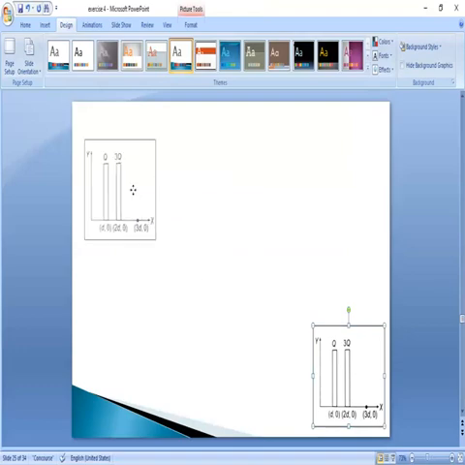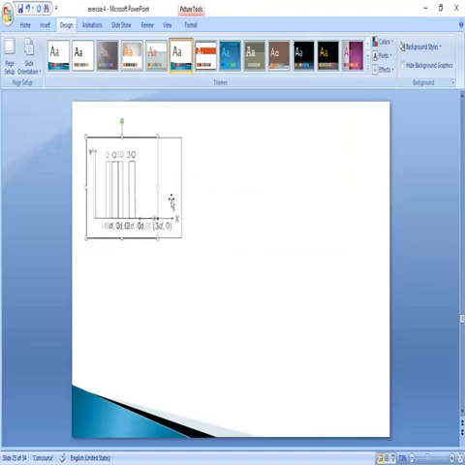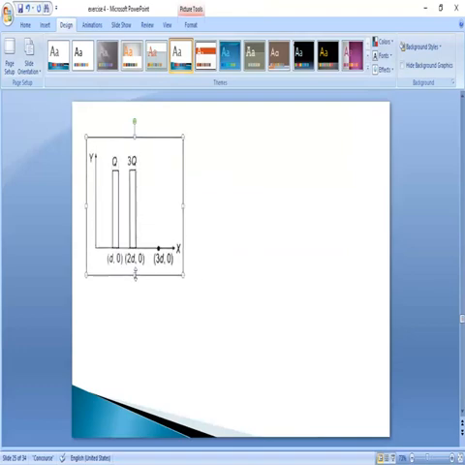Now you see here. So if I just draw a graph between distance X and electric field intensity.